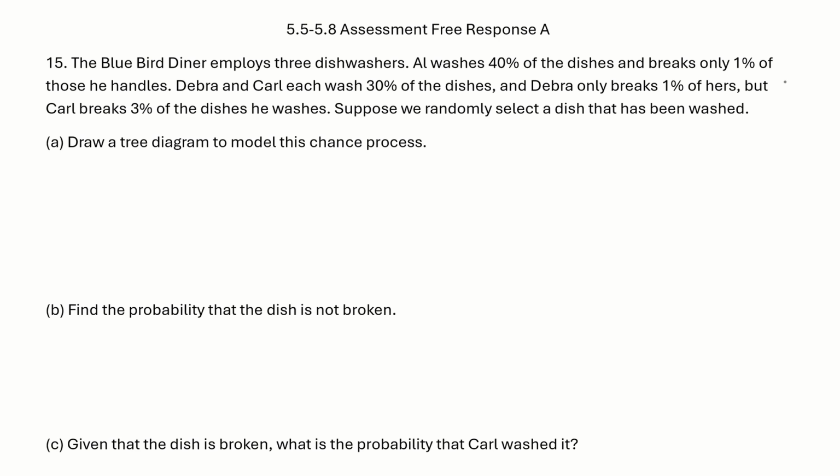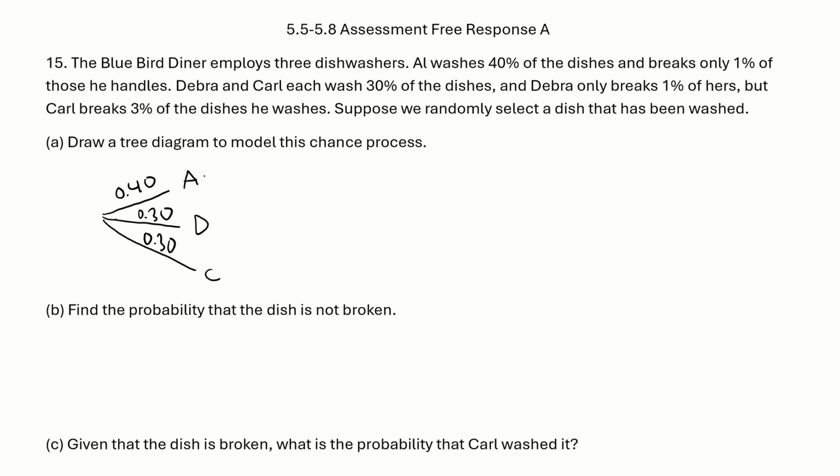Okay, so first we have Al. Then we have Deborah and Carl. Okay, so it says Al washes 40% of the dishes, and Deborah and Carl wash 30% of the dishes each, for a total of 100%.